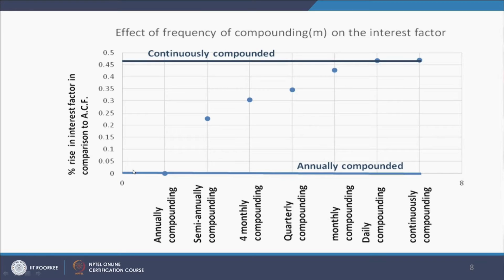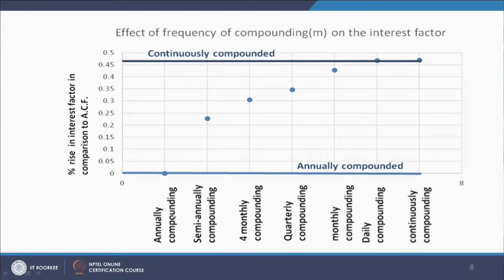Now, if you plot the percent rise in interest factor in comparison to the annual compounding factor, this line is the annual compounding factor, and this is the continuous compounding factor.